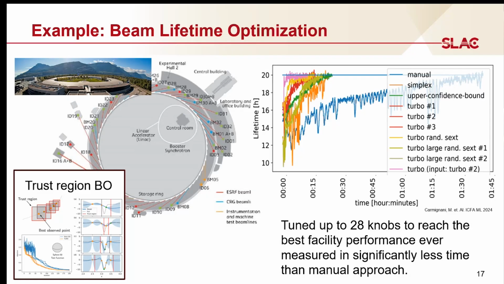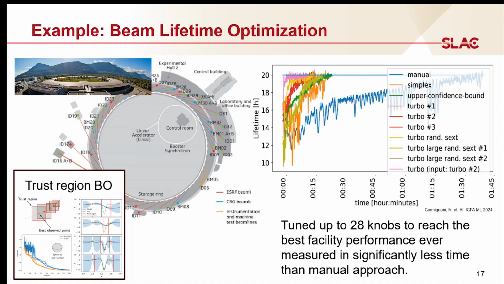Basically, they send a beam into a circular accelerator, and over time the beam particles get lost if the dynamics are not being controlled well. And so this corresponds to lifetime, essentially. They have a very large number of parameters. I think it's up to 130 parameters that they could potentially tune.